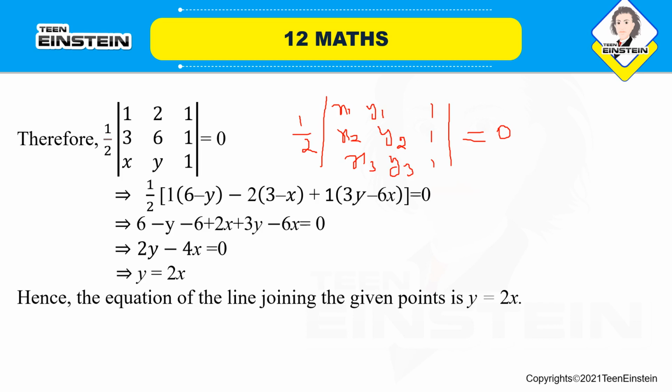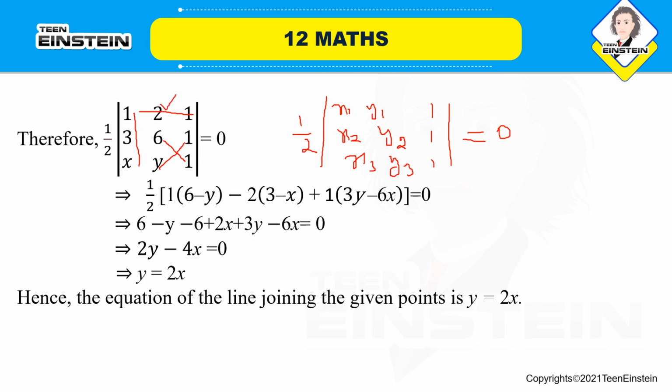So the first vertex is 1, 2 and the second vertex is 3, 6. Third vertex is x, y. Now expand this determinant along the first row. So half into, in 1, 1 position we have the element 1. So delete the row and the column having the element 1. You will be getting a 2 by 2 matrix. So in the downward arrow this is 6, minus, in the upward arrow minus y.